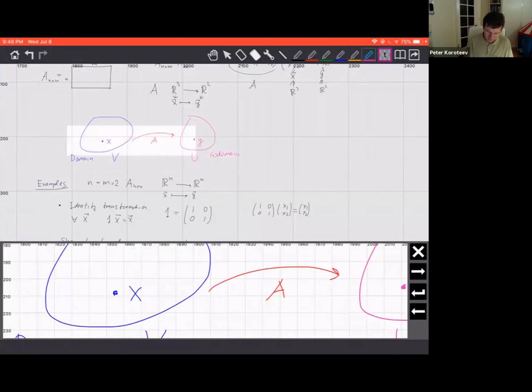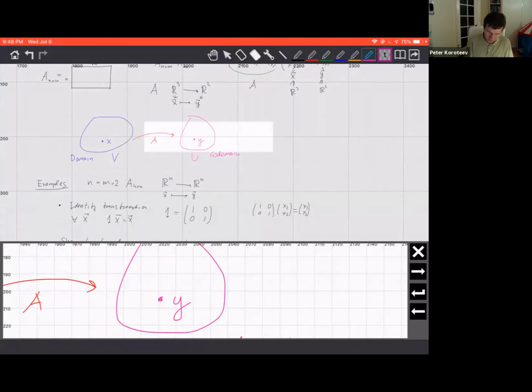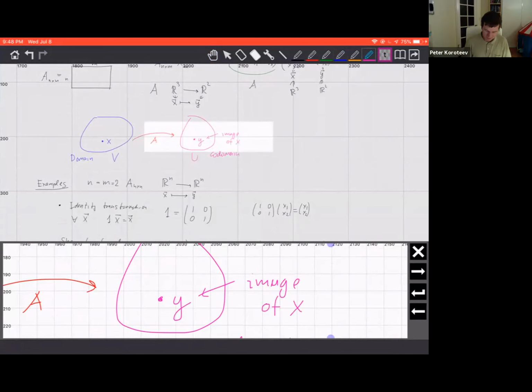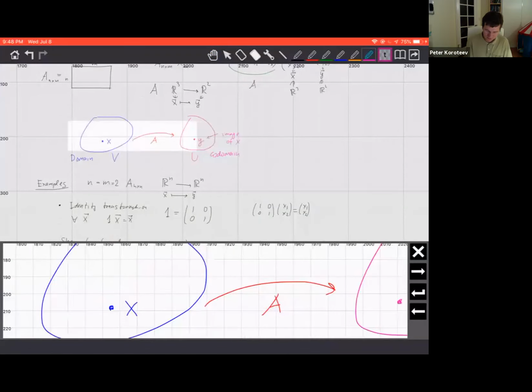And if X goes to Y, we call Y the image of X. And then we can say that X is the pre-image of Y.